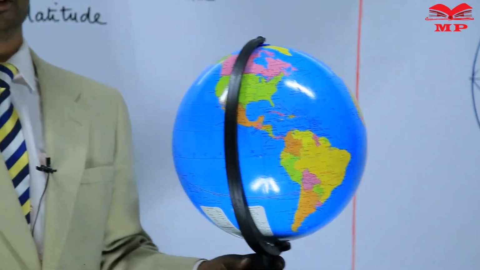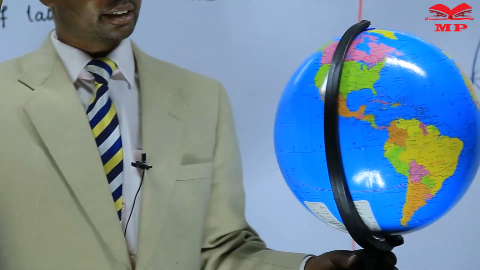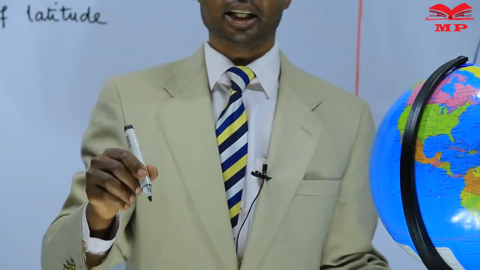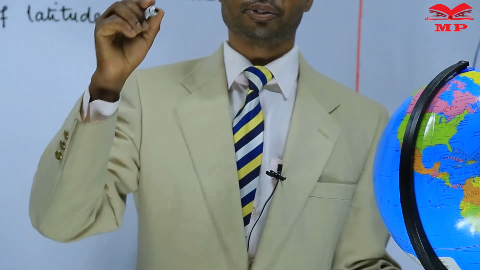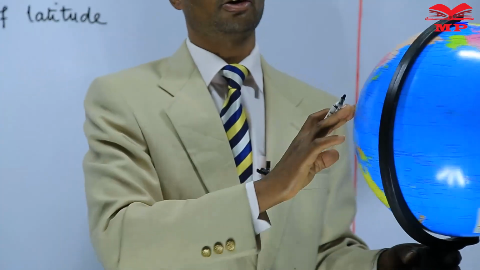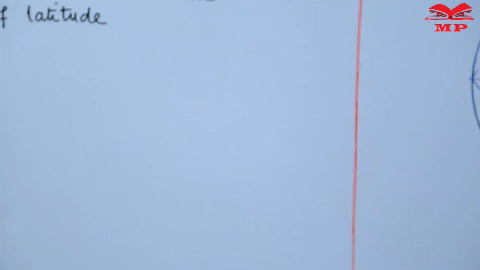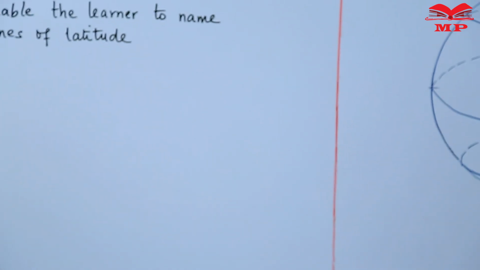A latitude is a line parallel to the equator running from west to east on the Earth's globe.